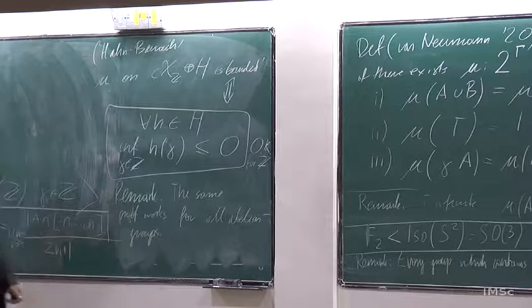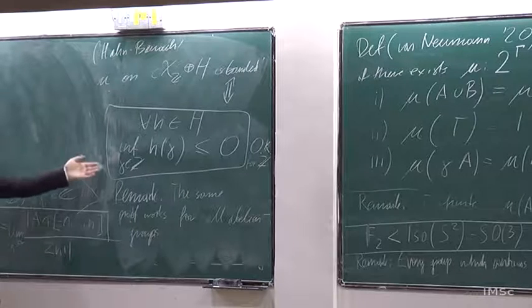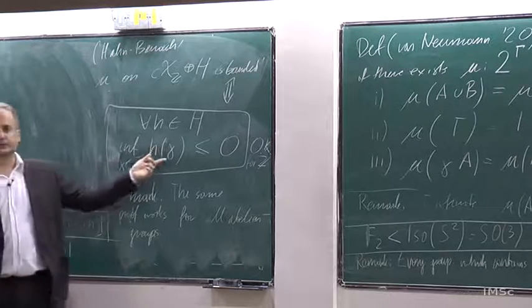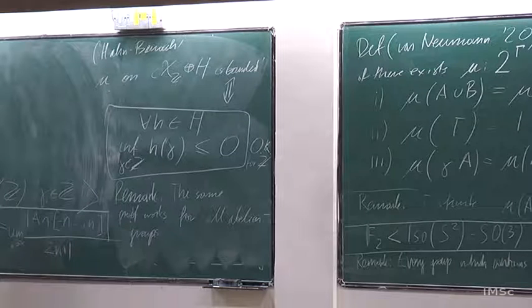So for Z2, Z3, you can also prove this property, and therefore they are amenable. Okay, so all abelian groups are amenable.